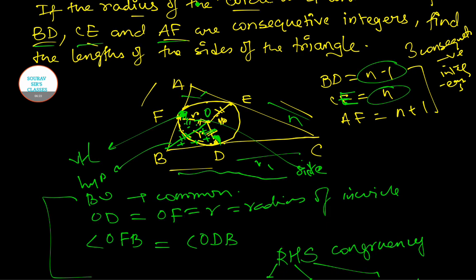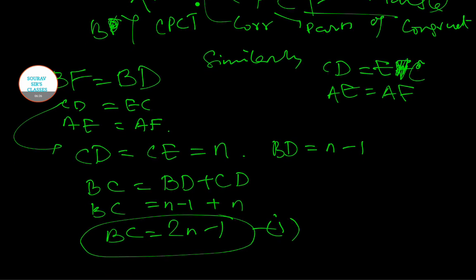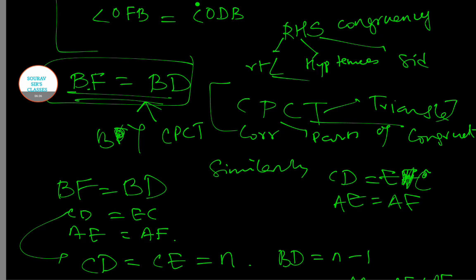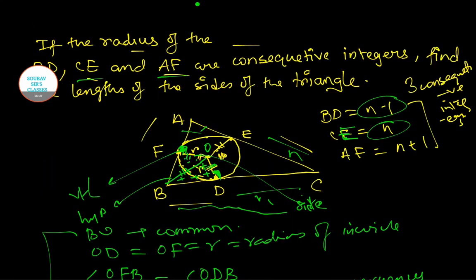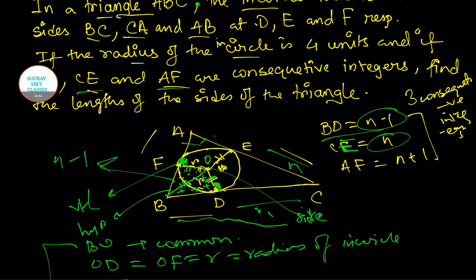Going to part 2, we have AB equals AF plus BF, and we have found out that BF equals BD, so BF equals n minus 1 since BD equals n minus 1, and AF equals AE, so AE equals n plus 1 since AF equals n plus 1.